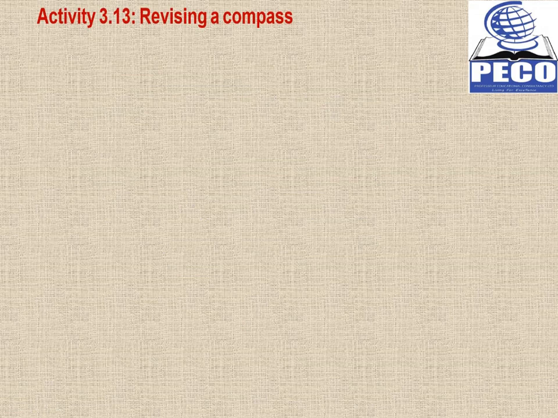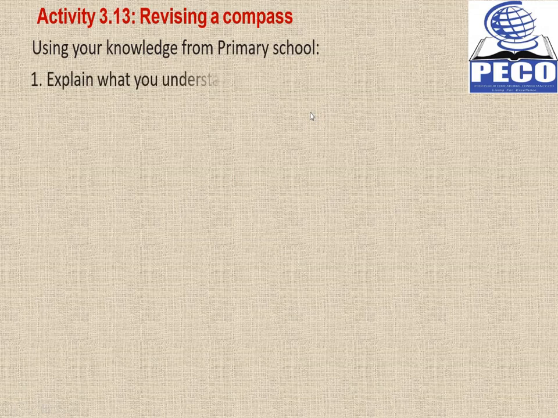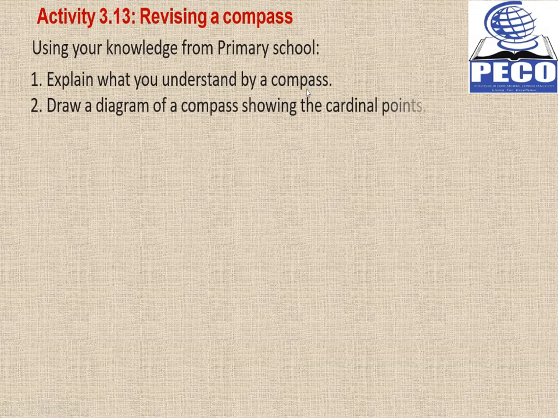Let's remind ourselves, when you were still in primary, you must have looked at a compass. So can you explain what you understand by a compass? What is a compass? We said in primary that a compass helps us to locate places from one another using the cardinal points.